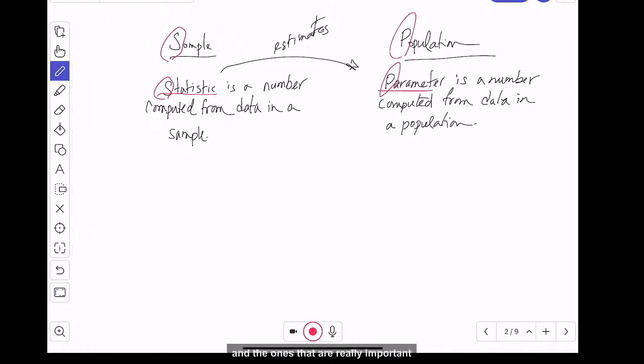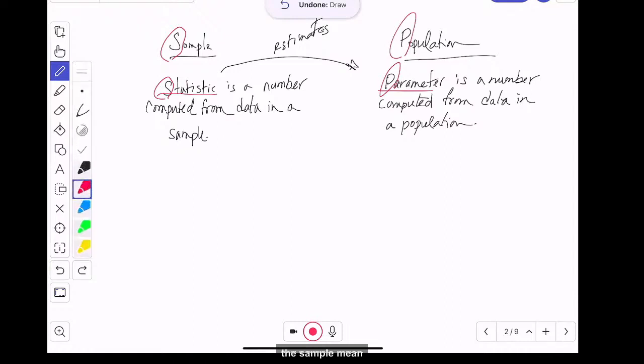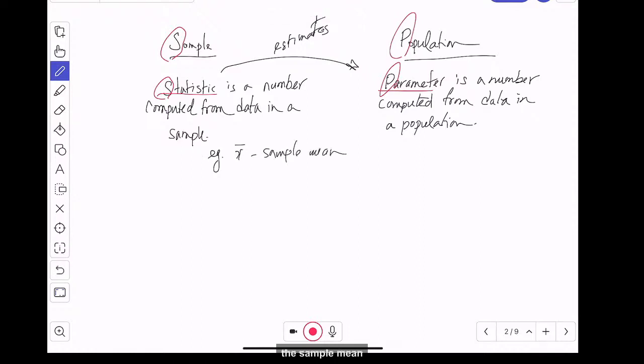So there's a variety of different kinds of statistics, and the ones that are really important to us are the sample mean, which aims to estimate mu, the population mean.